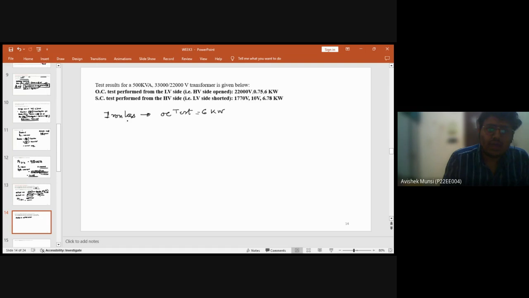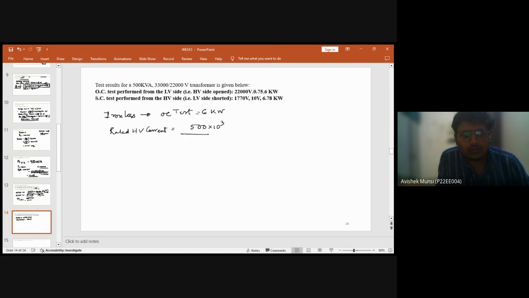And as the HV side is open, you can see from the primary side, the rated HV current is the kVA rating divided by the primary side voltage.